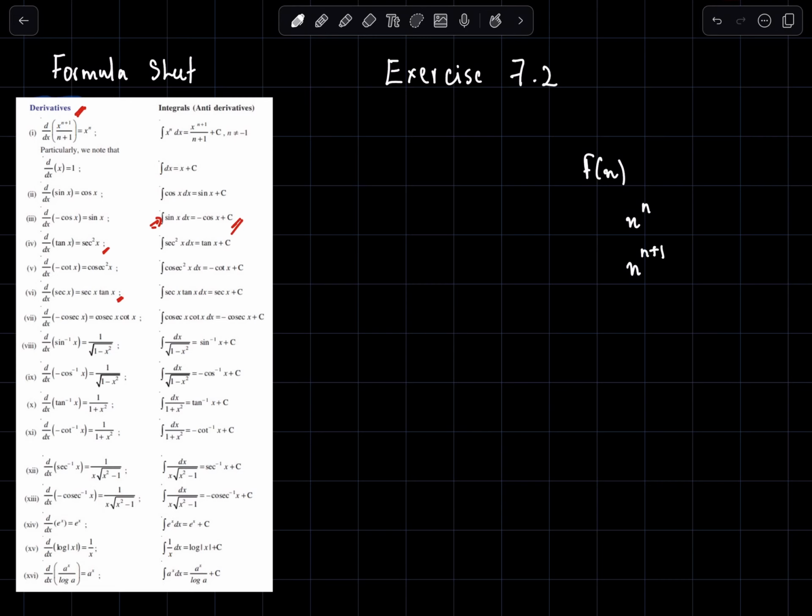Now this x raised to n plus 1 can have some value k attached to it.